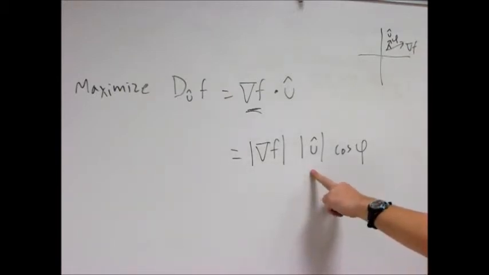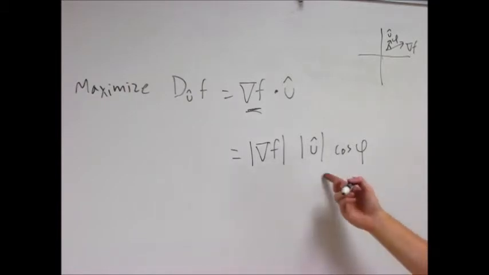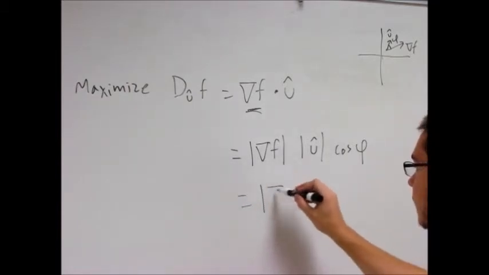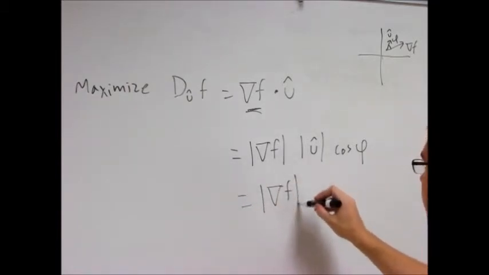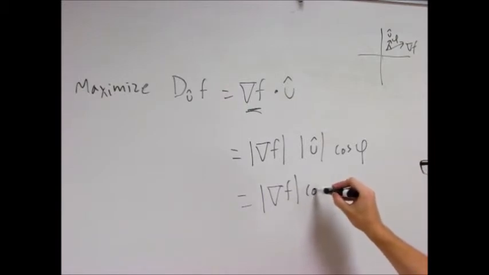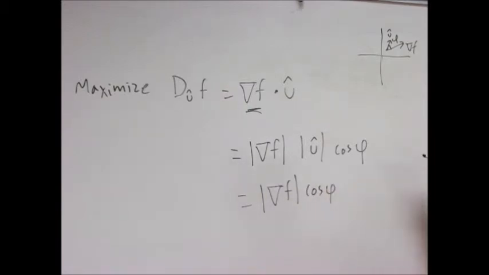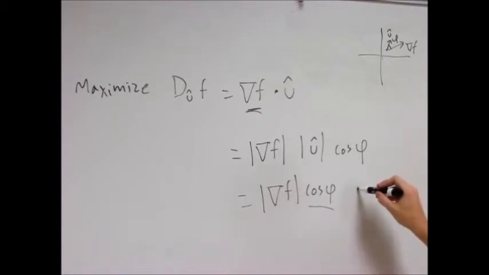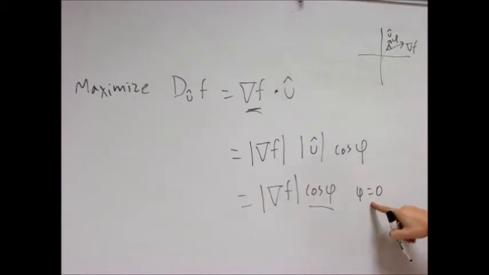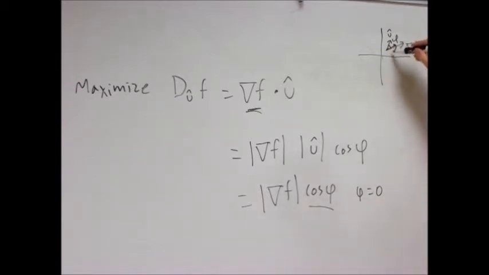Well, we know the length of u is just equal to 1 because it's a unit vector. When is cosine largest? Well, cosine equals the maximum value of 1 when phi equals 0. So basically, when they're pointing in the same direction.